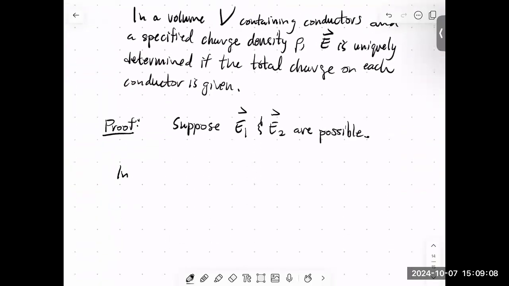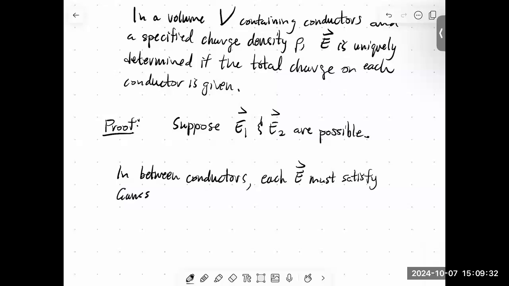So in between conductors, each electric field, our E1 and E2 solutions, must satisfy Gauss's law in differential form.